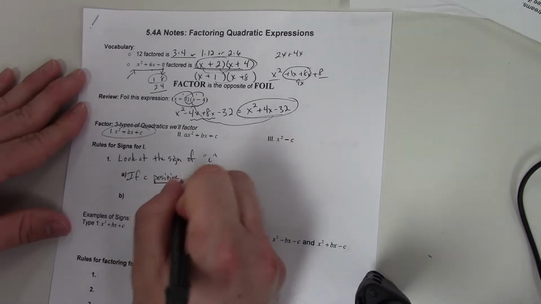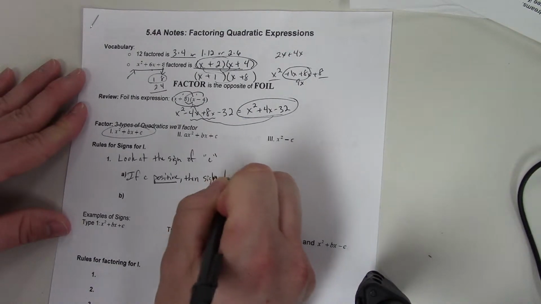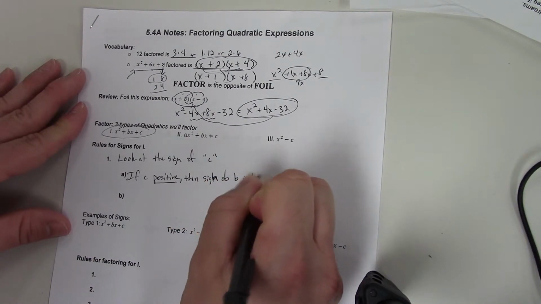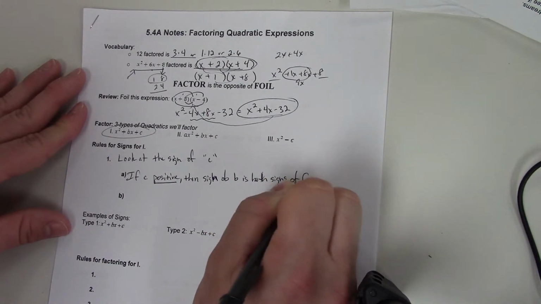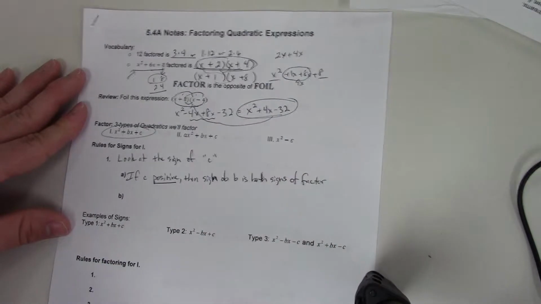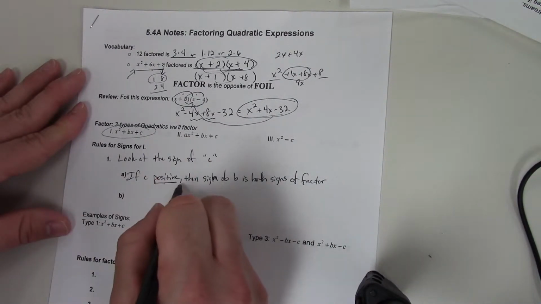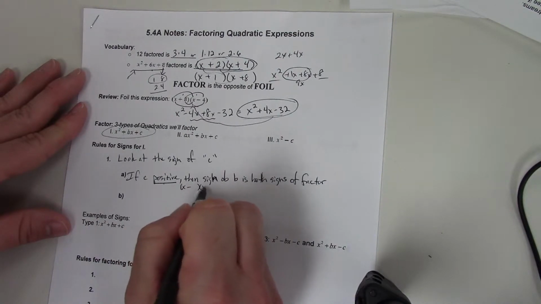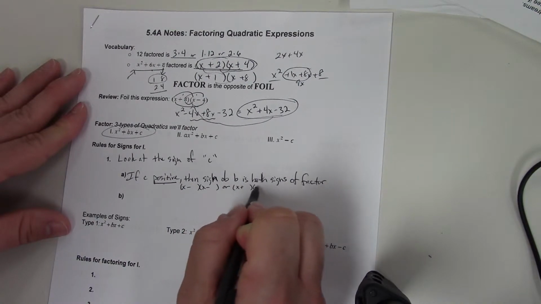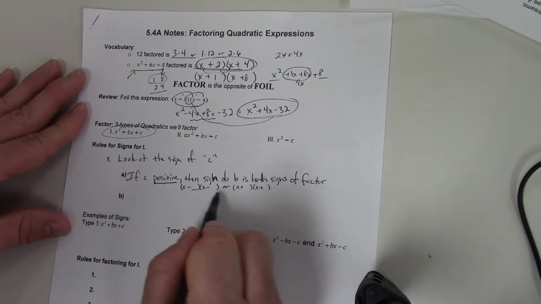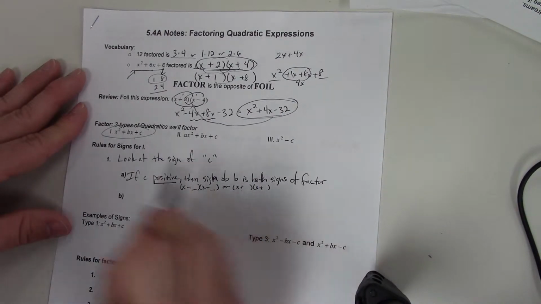If c is positive, then the sign of b is both signs of factor. So in other words, if c is positive, then it's either going to be x minus, or x plus, x plus. Why? Well, because negative times a negative would give me a positive right there. Positive times a positive would give me a positive there.